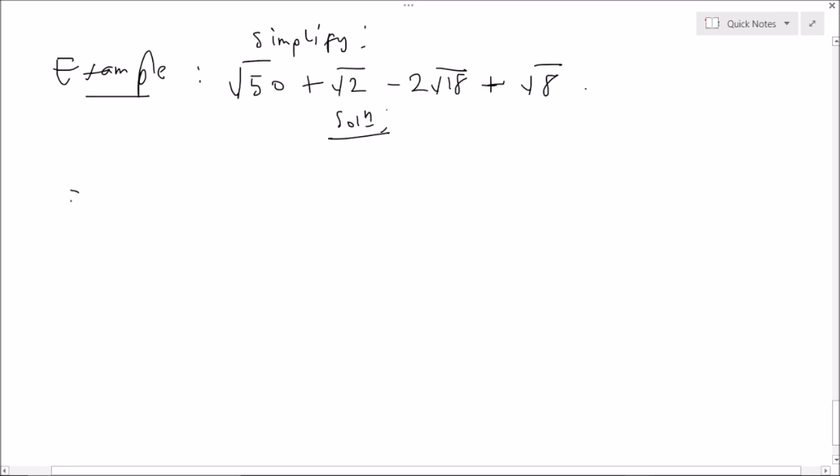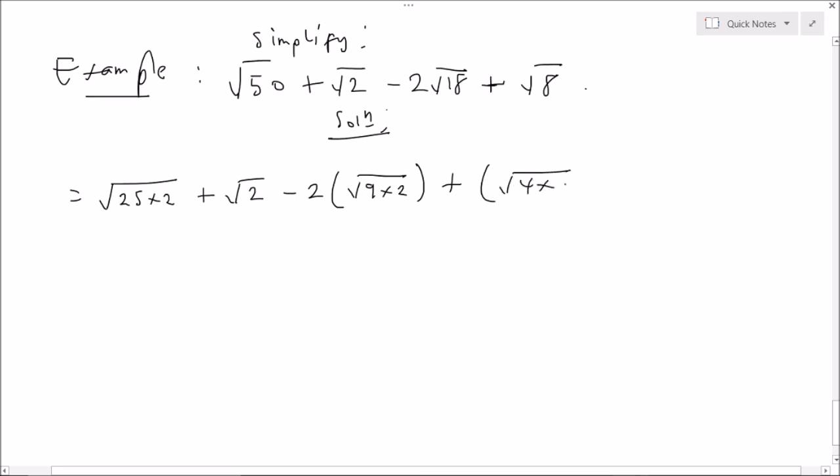So root of 50 is the same as root of 25 times 2, plus root of 2 minus 2 times root of 18, the same as root of 9 times 2, plus root of 8, the same as root of 4 times 2. That's simplification of sets. Okay, we simplify each of the terms.